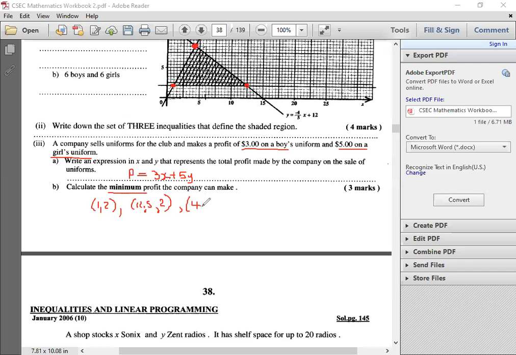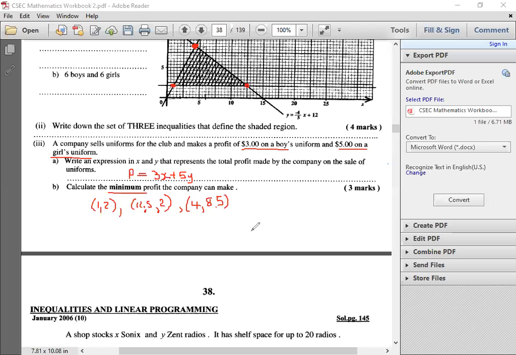So I'm getting 8.5. No, 8.5. This is 7.5, 8, yeah, 8.5.